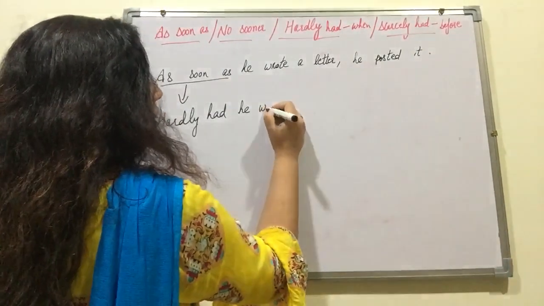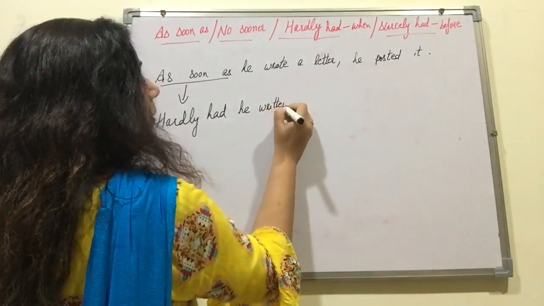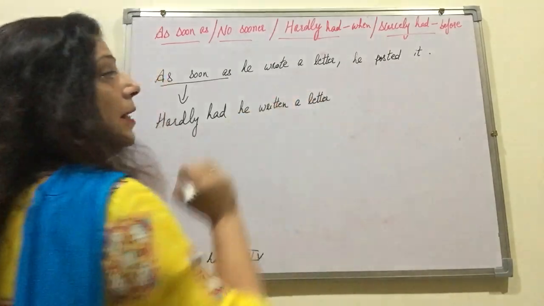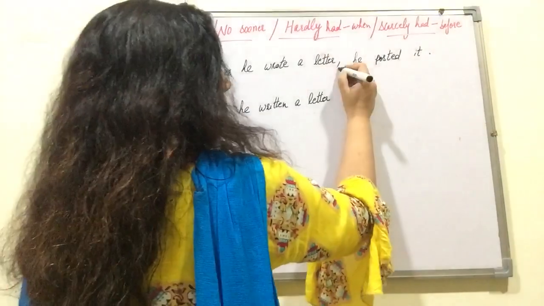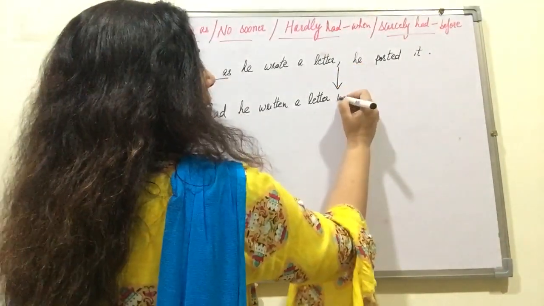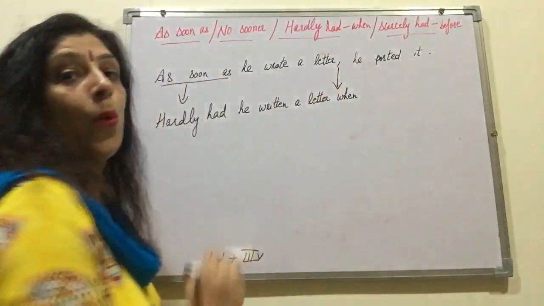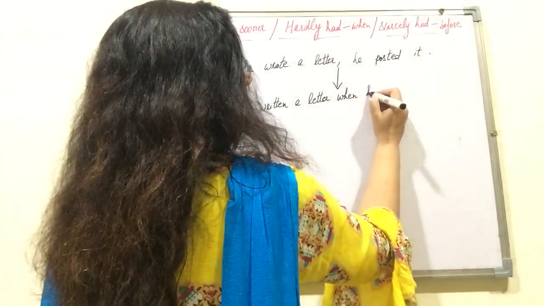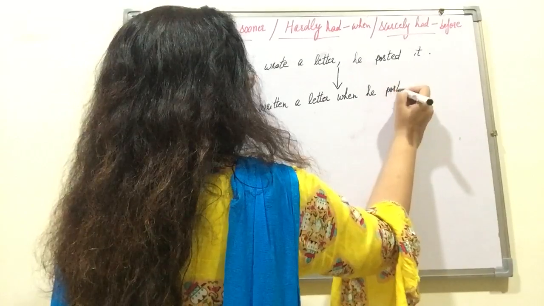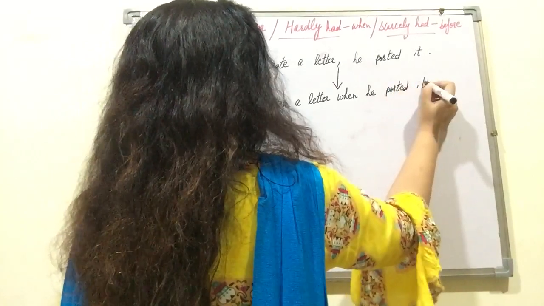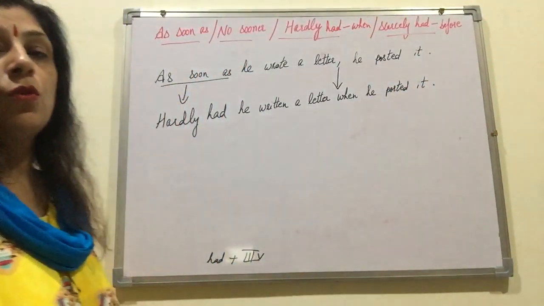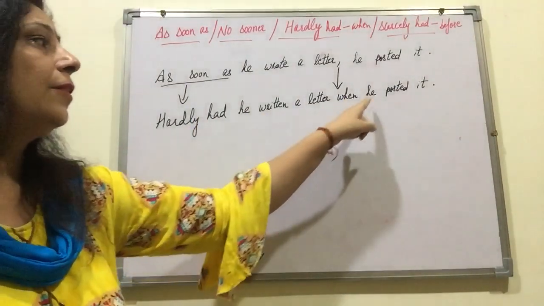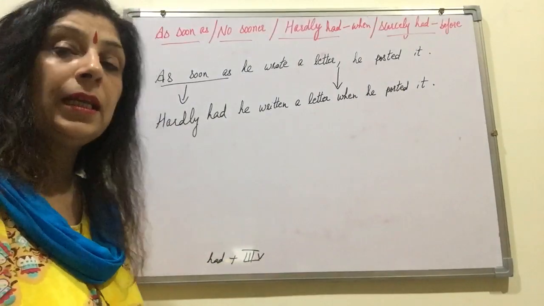Hardly had he written a letter. Now this comma in hardly changes into the word when, and the rest of the sentence remains the same as usual: when he posted it. So the rule for hardly: hardly had he written a letter when he posted it.